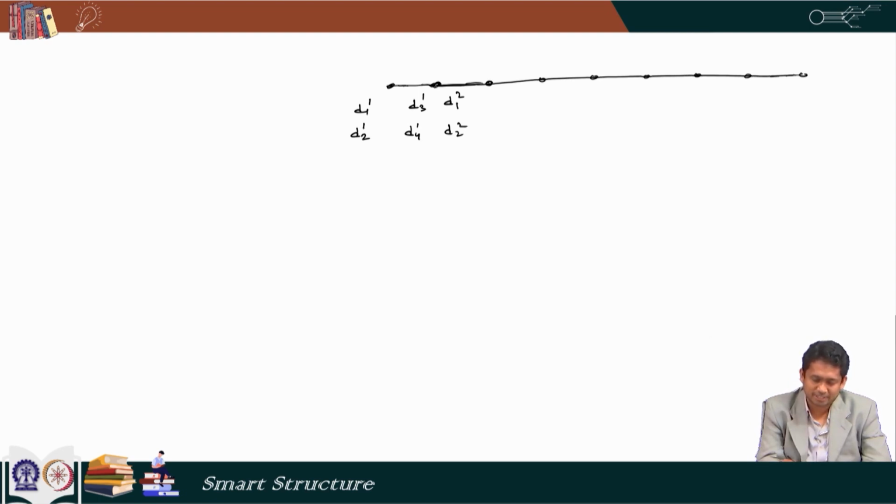Now, this point cannot have more than one displacement, otherwise the displacement continuity would not be there, which means that D31 and D12 should be the same. So, D12 is equal to D31 is equal to some value, we call it D3, we will see that, and similarly D41 is equal to D22 is equal to some value.